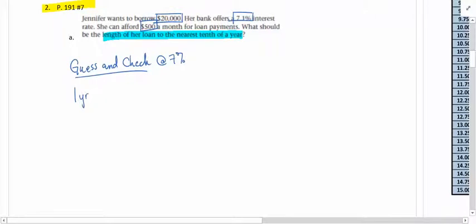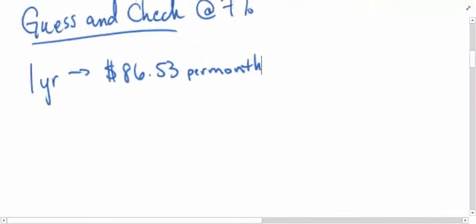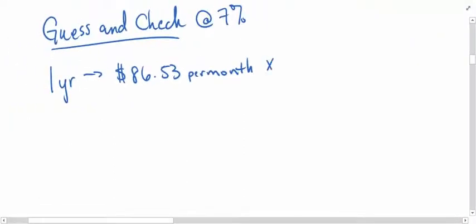Now, if she were to take a 1-year loan and try to pay this back in that amount of time, the table indicates that she'd be paying $86.53 for each $1,000 that she borrows. So this is her payment per month for each $1,000 that she borrows. She's borrowing $20,000, so we'll multiply this by 20.